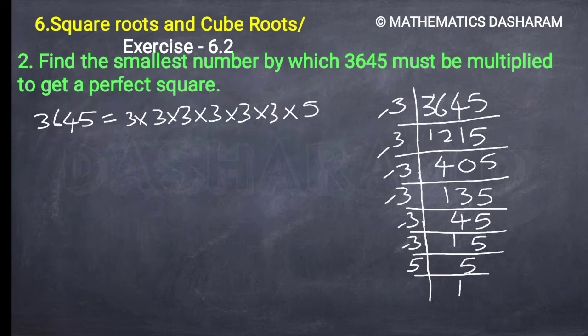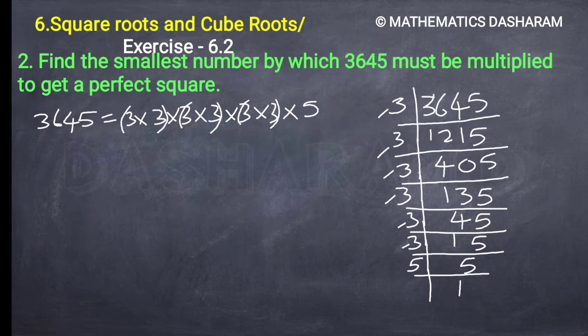Now coming to the question, find the smallest number. First of all, let's make pairs. Here is the first pair, here is the second pair, third pair, but here there is no pair, because we must find the smallest number by which 3645 must be multiplied to get a perfect square.